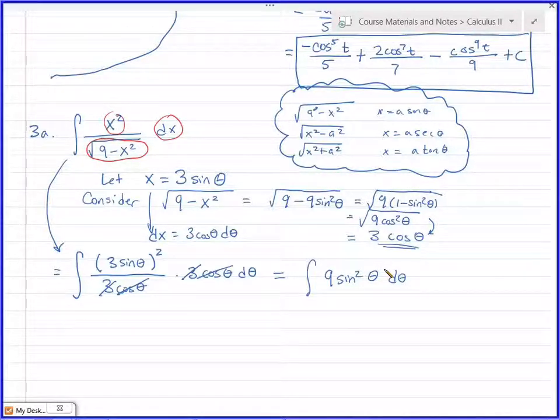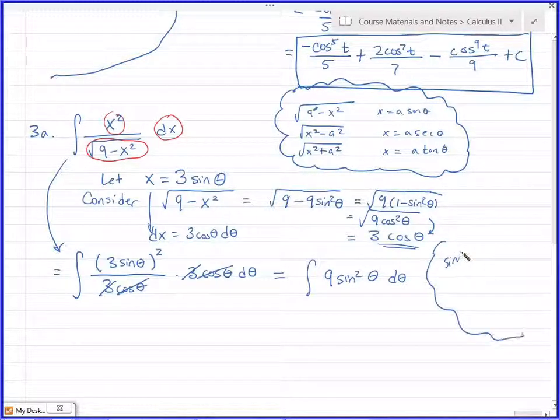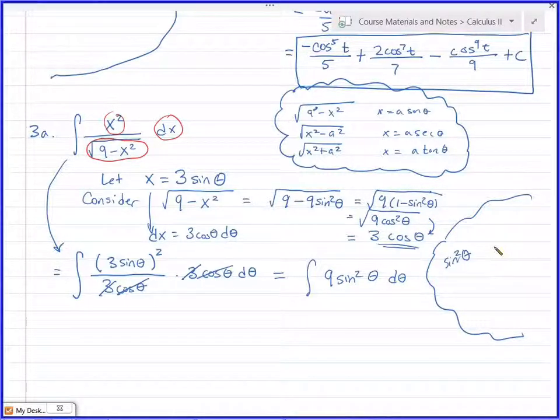Okay, now we can do this one of two ways. We've now got an integral that I think we should be able to take. You can apply the techniques from the previous section, which is when you have even powers of sine, use the half angle formula we were talking about before. Sine squared of theta is actually on your reference page, the half angle formula at the bottom of page 2.